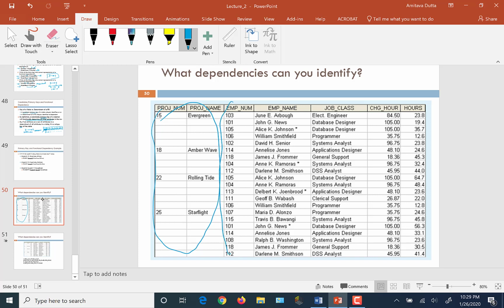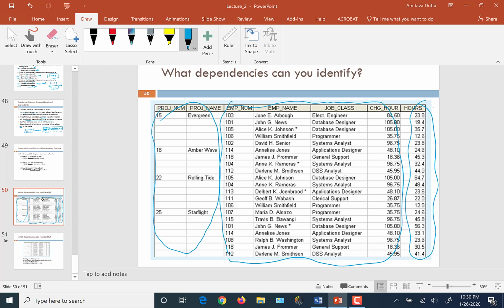If I look at the second piece over here, we have the employee number, the name of the employee, the job classification of the employee, and the hourly rate that the employee charges. That seems to be information about employees. So we have a second theme related to employees, and a third theme here, hours worked, which doesn't belong to either the employee or the project, but sort of belongs to both, in the sense that it tells you how many hours an employee has worked on a particular project.